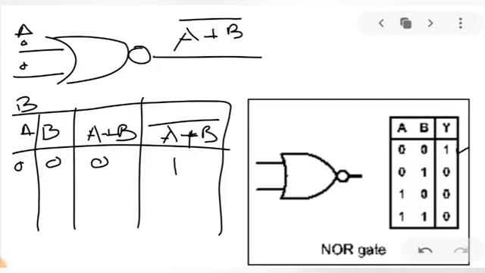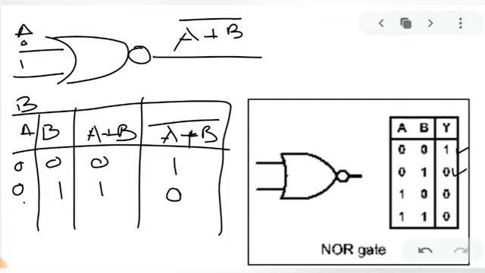Now if I go for 0 and 1, what will happen? In this case, what is the logic of the OR gate? 0 plus 1 is 1. And what is the inverse of 1? It is 0 in this case.